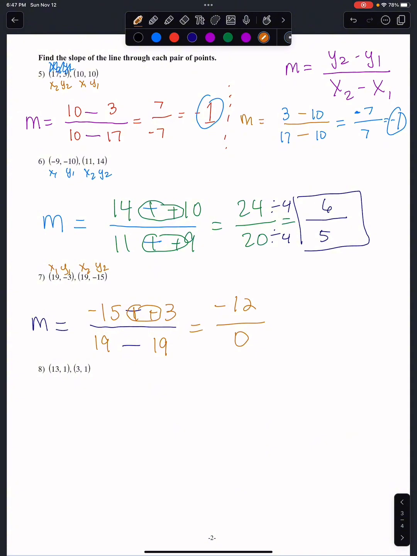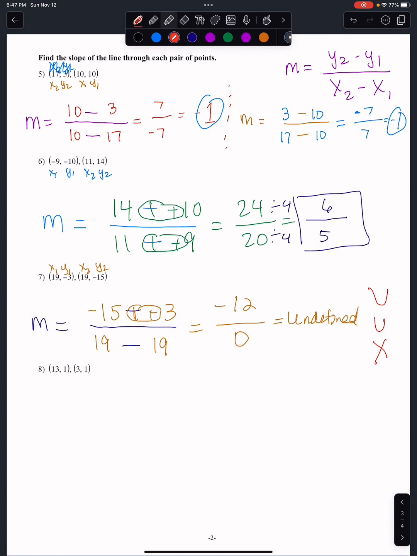Again, when we have a 0 on the bottom, that means our line is undefined. And remember, undefined, that is all associated with VUX. Which means that if I were to plot these 2 points, they would be vertical because the X's are the same.